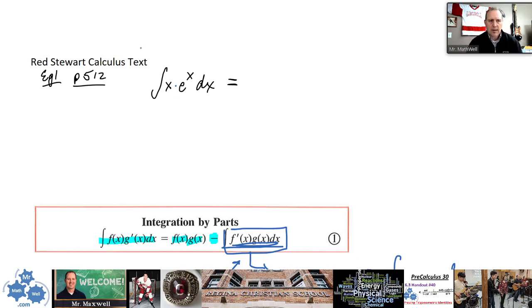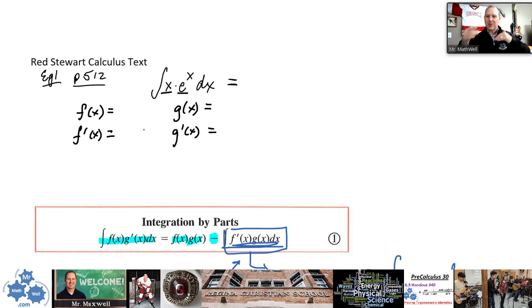I'm going to do f of x right here, and f prime of x underneath that, okay? And I'm going to do g of x over here, and g prime of x underneath that. And we need to basically identify these functions as two of these four things, and then integrate or differentiate to find everything, okay?